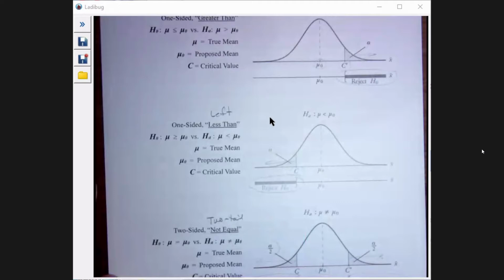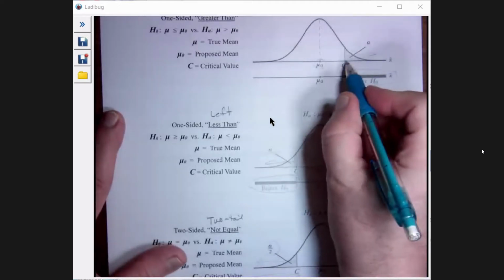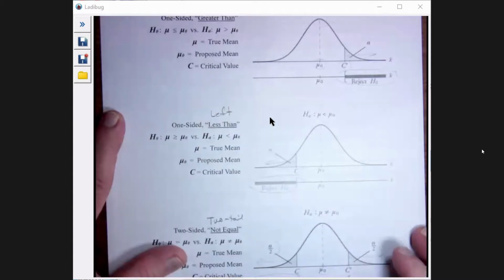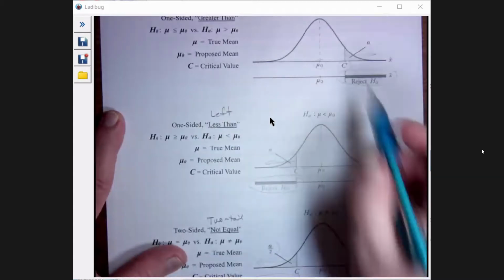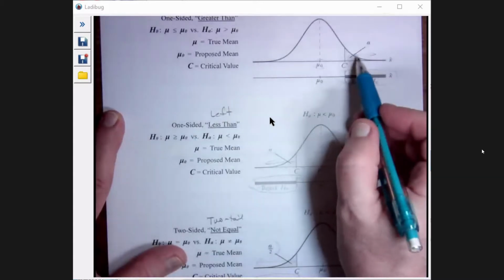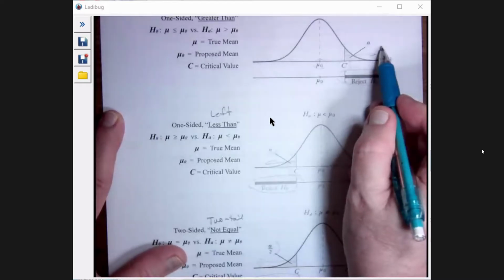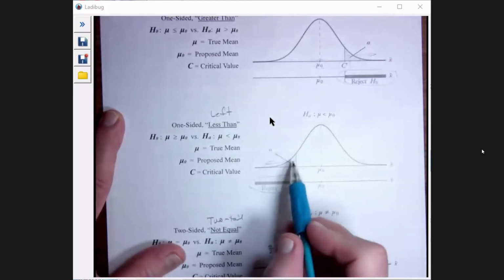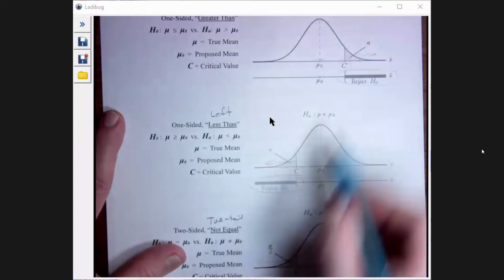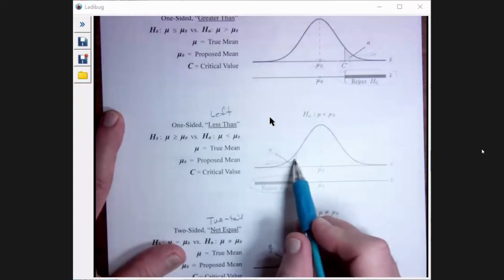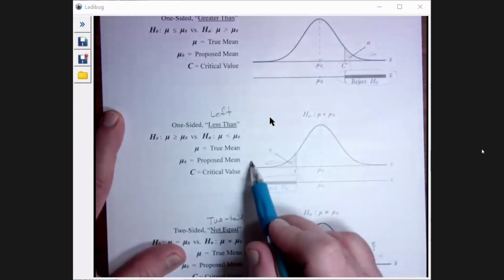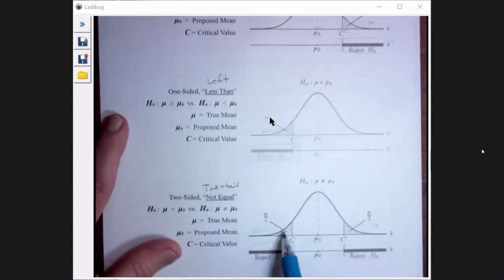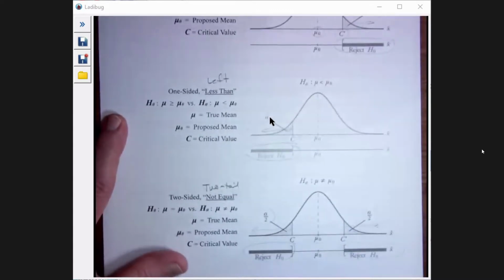One, we have to compute our critical value. That's the value that has alpha. If it's a right-tailed test, it has alpha area to the right of it. If it's a left-tailed test, it has alpha area to the left of it. And if it's a two-tailed test, it has half the alpha in each tail.